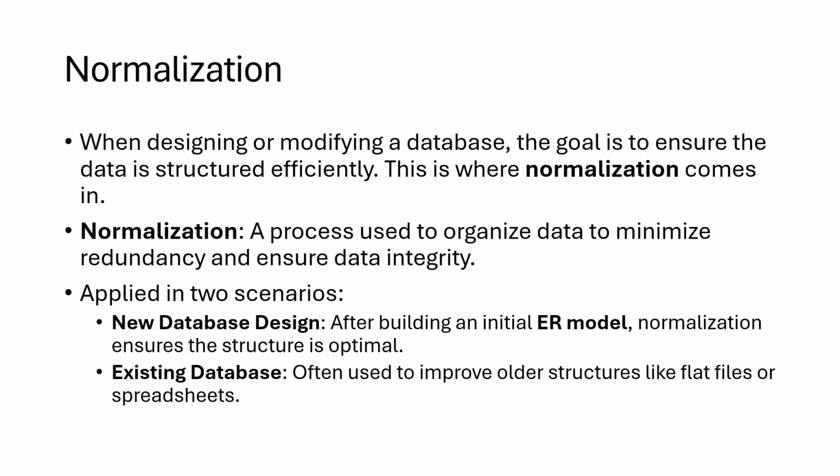And if we do have some other existing database, such as flat files or a spreadsheet, we're trying to improve those data structures to make them more efficient. So at that time, we will try normalization.